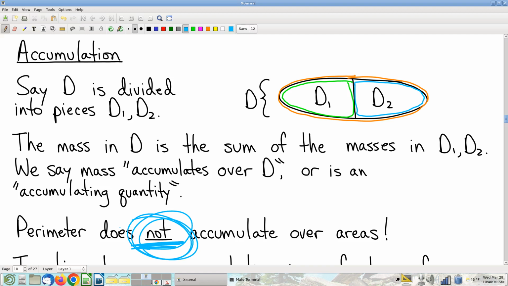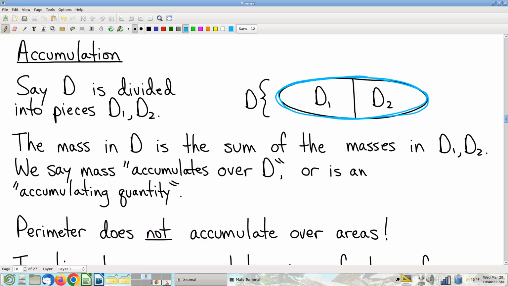Okay. Now there is something I want to point out. This is just a conceptual way to think about what's going on here. I'm thinking of perimeter not as being a feature of the boundary. I'm thinking of it as being a feature of the region.